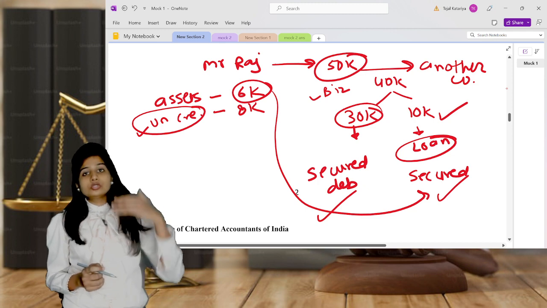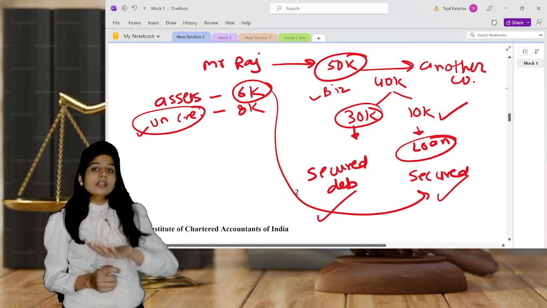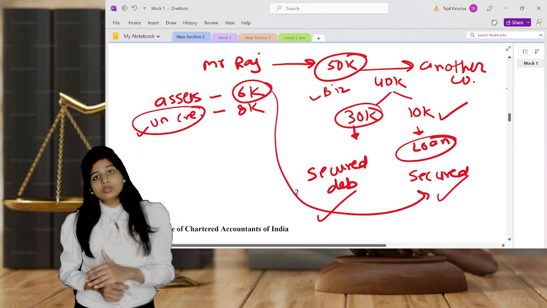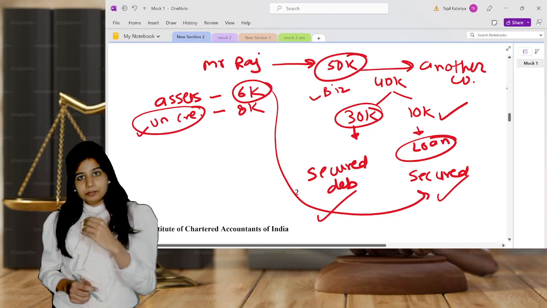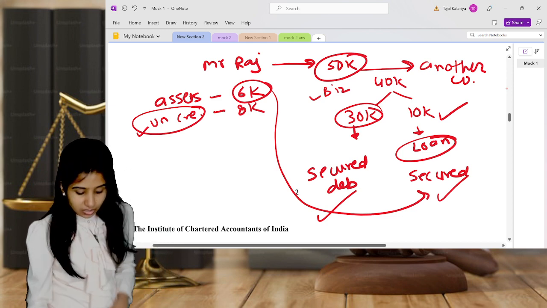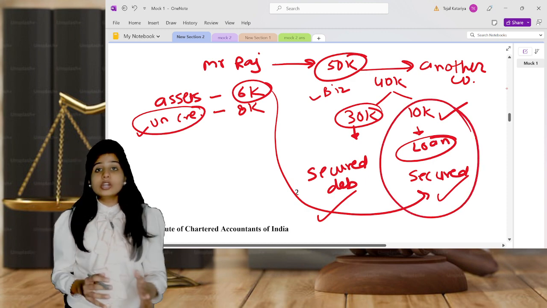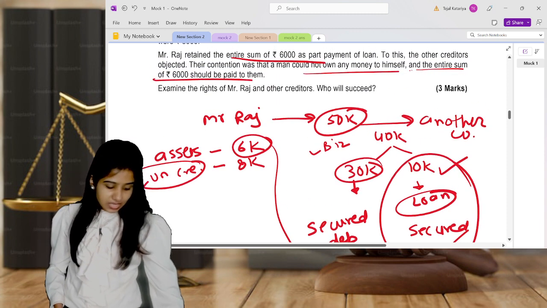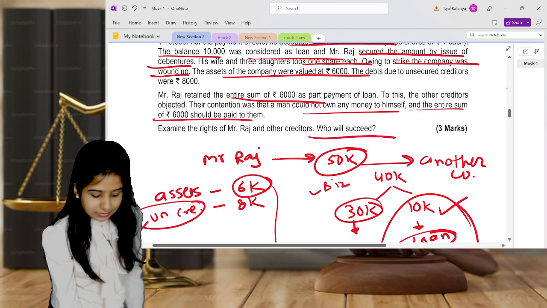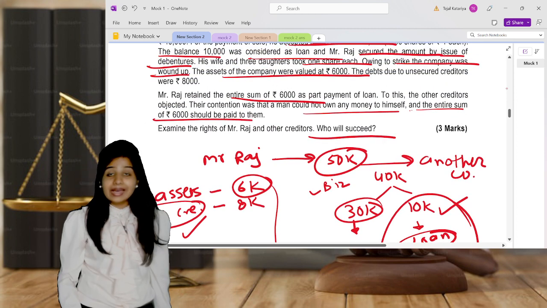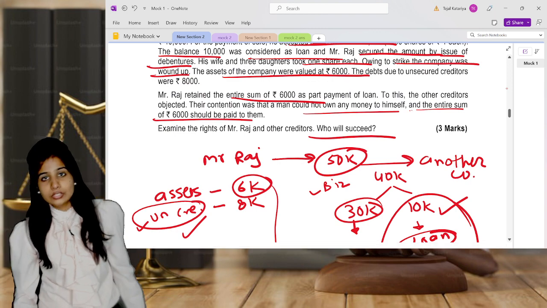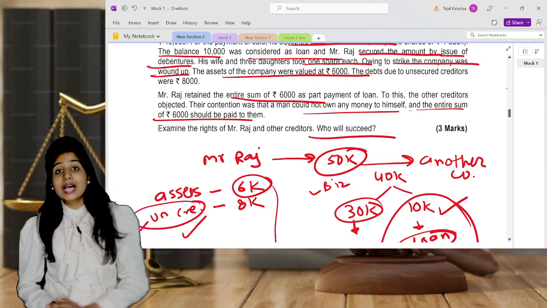So first you pay the secured creditors, then the unsecured creditors, and only then the members of the company. In the given situation, this person has secured his loan amount, so he can directly apply this 6K and succeed, because the remaining creditors are unsecured creditors. That's why he will get priority over the unsecured ones.